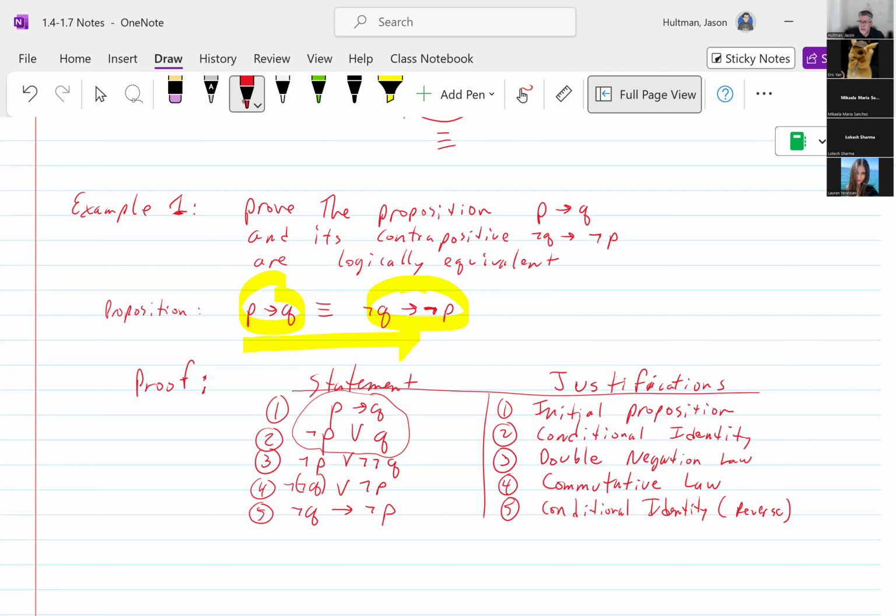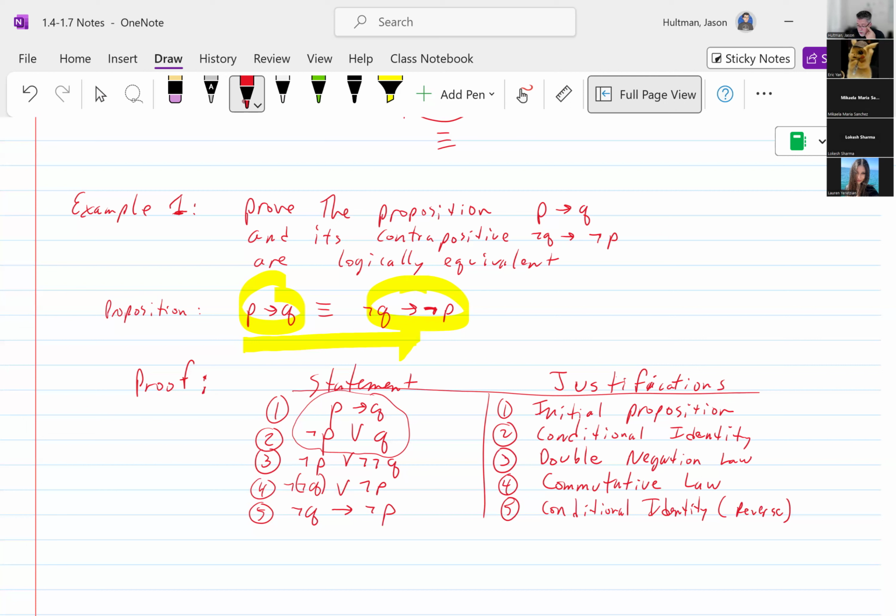So Eric asks, can't you just do associativity and then do the conditional again? No. Associativity involves 2 different operators. Oh, commutative. Can you just do commutative and then do, oh, okay, there you go. Is it necessary to use double negation?